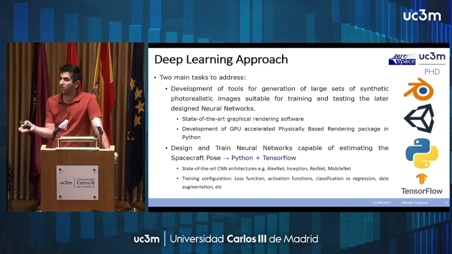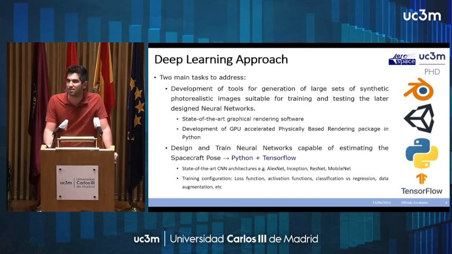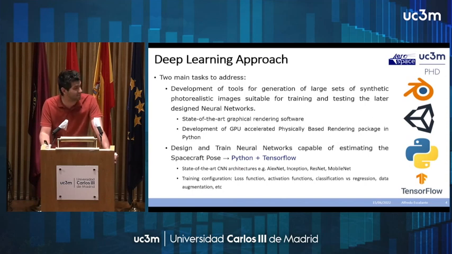Once we have these synthetic sets of images for training, we have, of course, to design and train the neural networks, which should be capable of solving this spacecraft pose estimation problem. We are mainly working in Python with the TensorFlow environment. In this context, we have to deal with designing the architecture of the network itself.